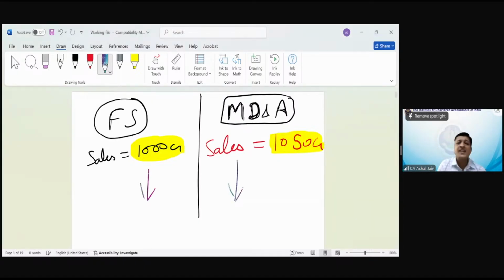Because one of these things, one of this information, one of this report is wrong for sure. Yes or no? So that's why an additional responsibility has been placed upon the auditor.